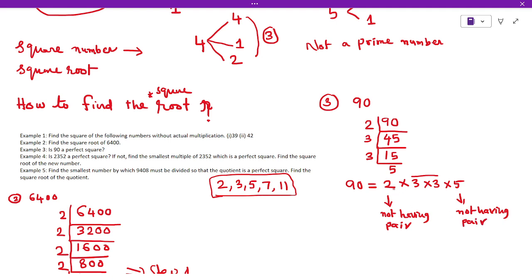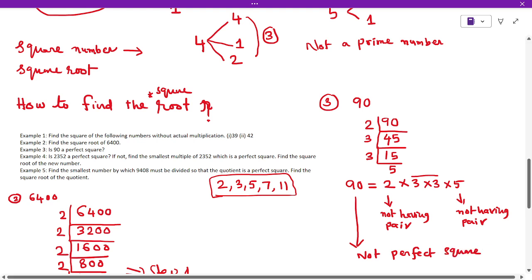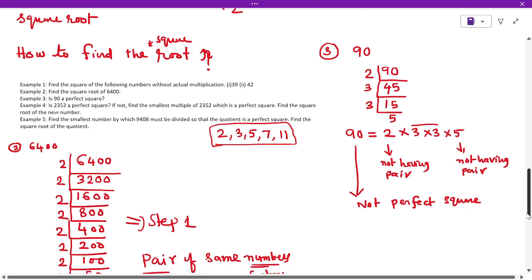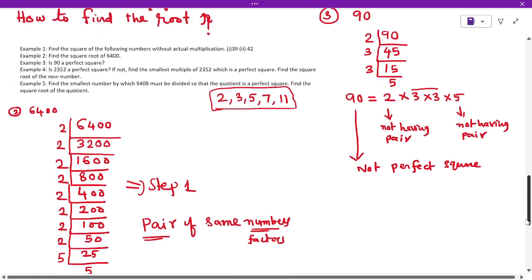So therefore, as there are no pairs for 2 and 5, this number 90 is not a perfect square. Is that clear? Yeah. So that is the way we can determine whether it is a perfect square or not.